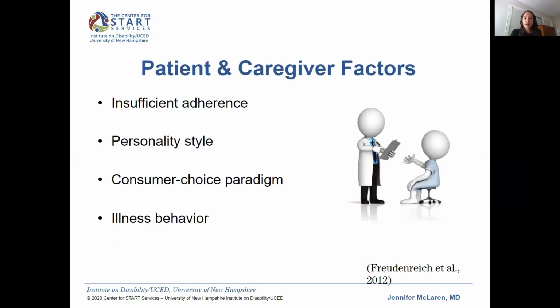We also want to think about patient and caregiver factors. The first one to think about is are medications being taken as they're prescribed? And then we want to think about personality style, consumer choice paradigm, and illness behaviors. And these all sort of interact with how does somebody think about medications, right? The patient or caregiver, are they looking for that magic pill?